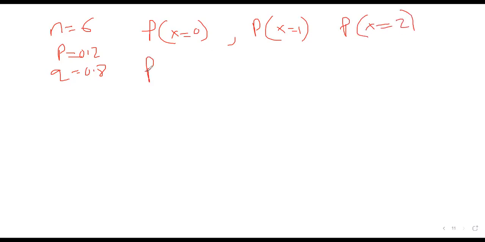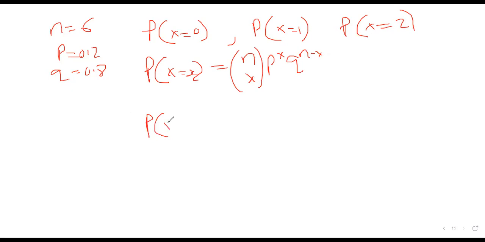So using the formula, n combination x, p to the power x, q to the power n minus x. We set the probability of x equal to 0.